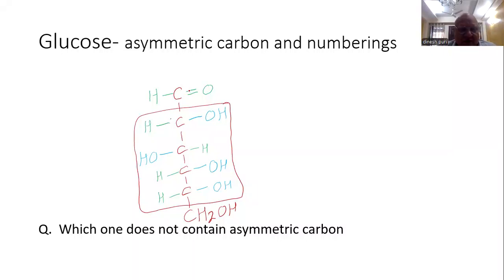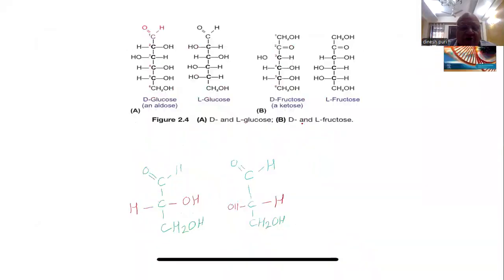This one is not, because two valency positions are occupied by oxygen. This one also is not asymmetric because two valency positions are occupied by hydrogen. So glucose has four asymmetric carbon atoms. Which will be the D form of glucose, and which will be the L form?